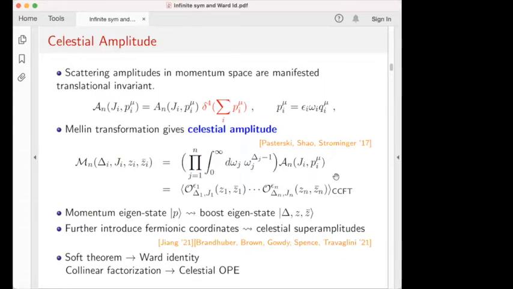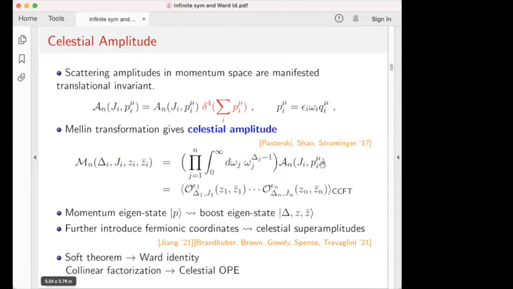We can also consider different limits of this scattering amplitude. For example, we can consider the soft limit. In this limit, we have the soft theorems, and doing this Mellin transformation will give rise to the Ward identities in celestial conformal field theory. Similarly, we can consider the collinear limit, where two particles become parallel.